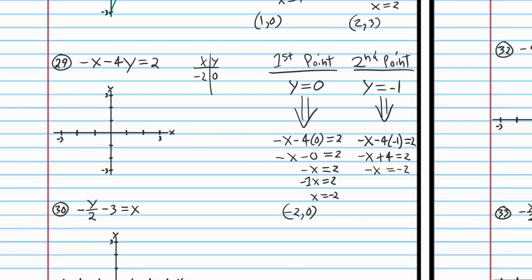And divide both sides by negative 1. And x is equal to 2. Let me just double check that. Yep, that's correct. So our point is 2 and negative 1.